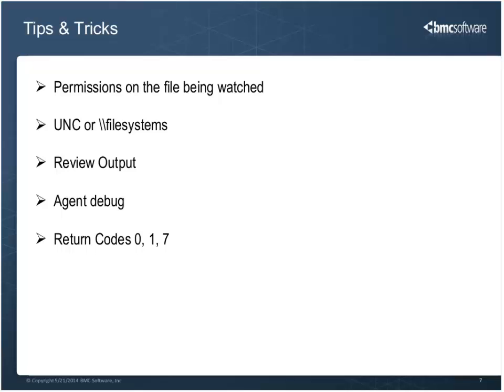And if that doesn't give you enough information, you can always put the agent in debug. Depending on the operating system, you can put the agent utilities in debug or just put the full agent in debug. When you put the utilities or the agent in debug, you'll find CTM-FW files in the proclog directory, and the CTM-FW files contain all the information for the file watcher.